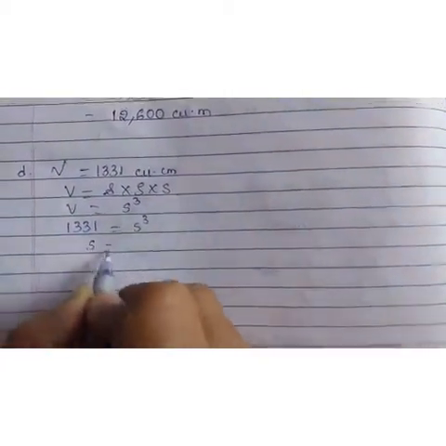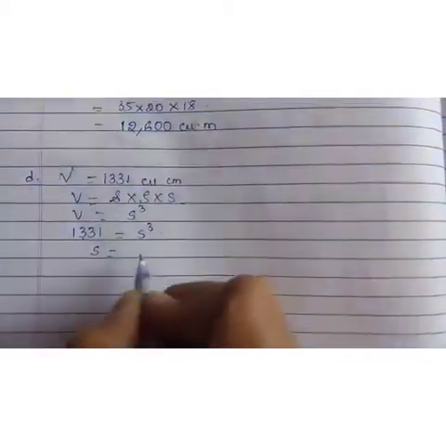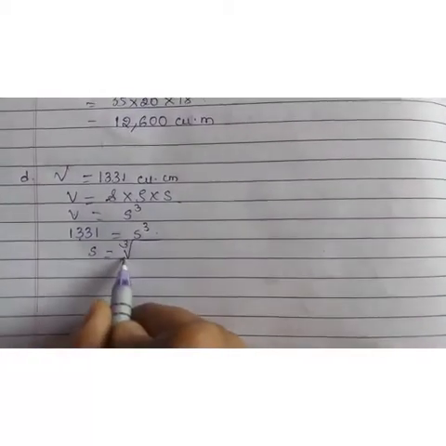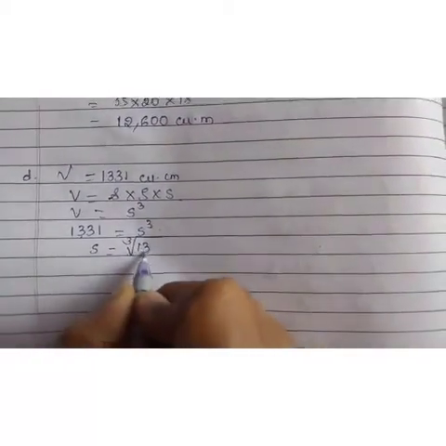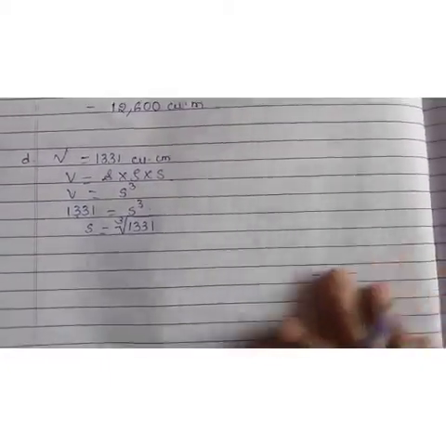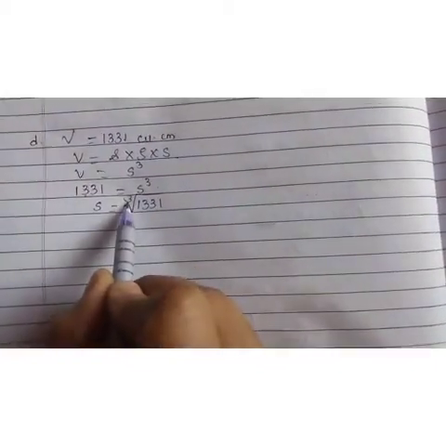So s will be the cube root. When it moves to this side of the is equal to, it becomes cube root. So this is called cube root of 1331. So children, what is this cube root? Cube root is nothing but whenever you take any digit 3 times.